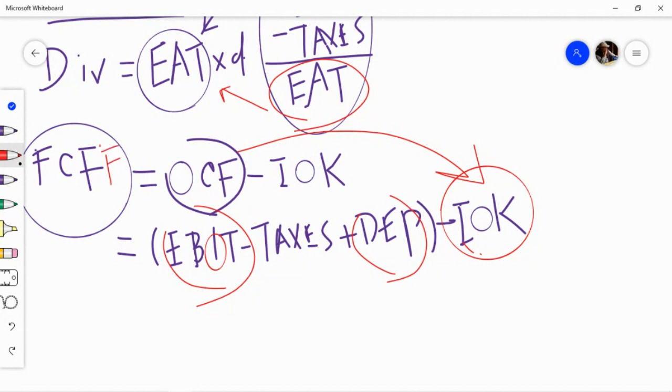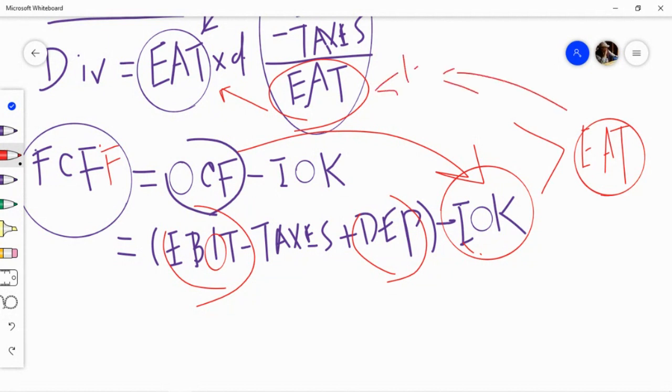I was talking about why free cash flow is bound to be greater than EAT. It's definitely greater than EAT, right? Why? Because EAT belongs only to the stockholders, the owners.